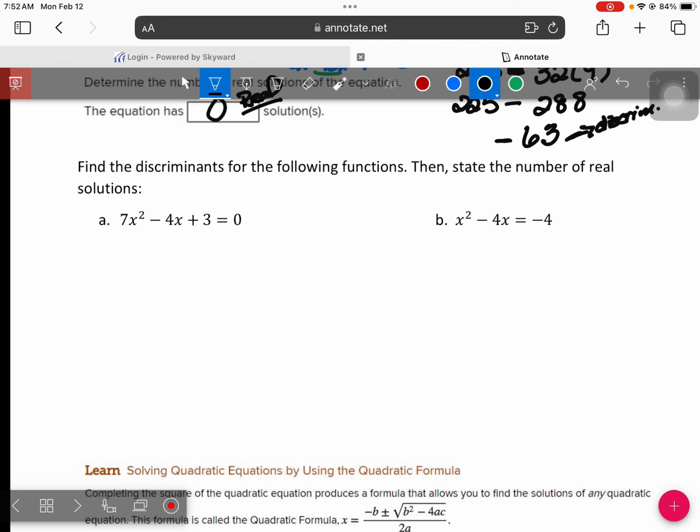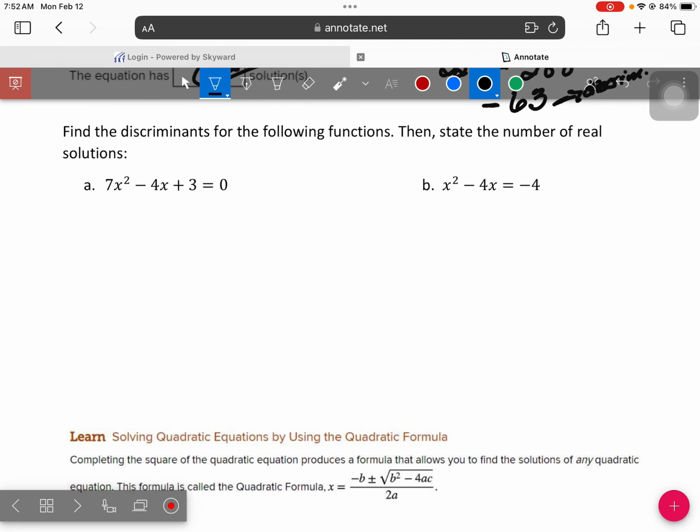Okay. Let's go to B. It says find the discriminant, then state the number of real solutions. So as you look at this B, again, what do you notice? What do you have to do right from the very beginning? Add 4 to set the equation equal to 0.